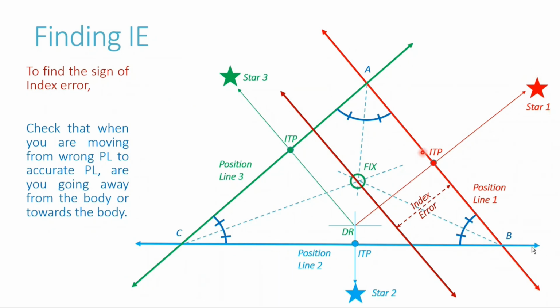So when we are moving from the red PL towards the accurate PL, the maroon color PL passing from the fix, are we going away from star 1 or towards star 1? You can see this arrow indicates the direction in which we are moving, and it is very clear that we are moving away from the celestial body, in this case the red color star 1. So in our case here, we are moving away from the body.